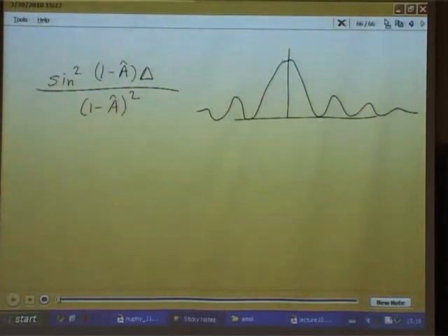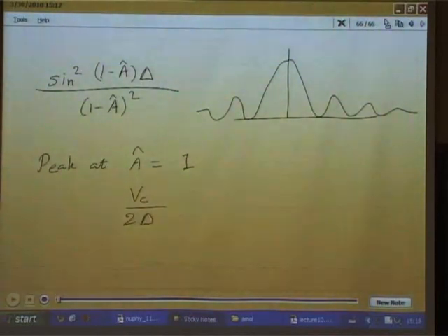And this peak is going to be when a hat is equal to 1. So let's see what is a hat. A hat was B C divided by 2 times delta 0. This was equal to 1.